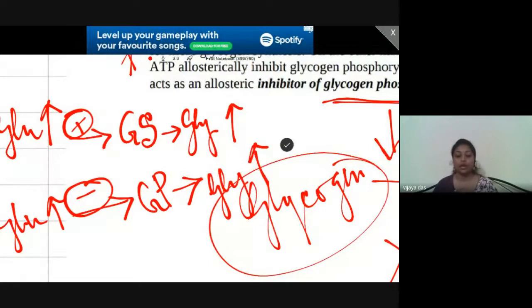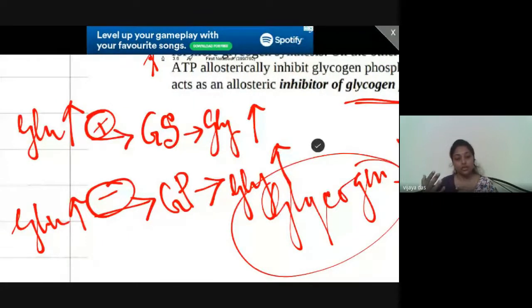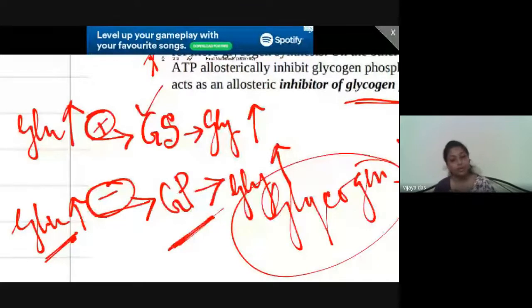So if glucose is high, at that time glycogen formation will also be high. How? Because glucose is promoting glycogen synthase. So glycogen synthase is working well and more glycogen is getting produced, and at the same time glucose is also inhibiting glycogen phosphorylase so that your glycogen does not break and your glycogen concentration remains high.